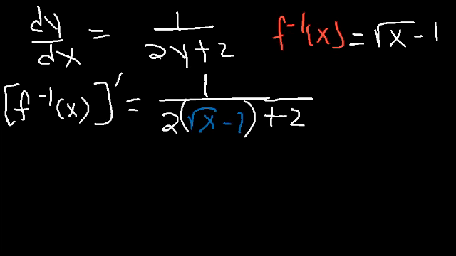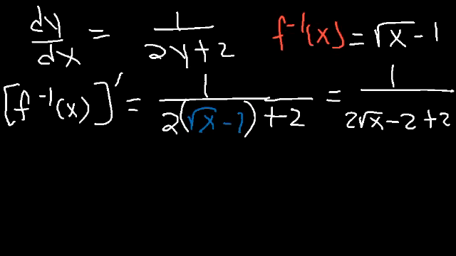Now let's simplify it. Let's distribute the 2. So it's 1 divided by 2 root x minus 2 plus 2. 2 times negative 1 is negative 2. So negative 2 plus 2 is 0. So therefore, the derivative of the inverse function with respect to x is 1 over 2 root x.